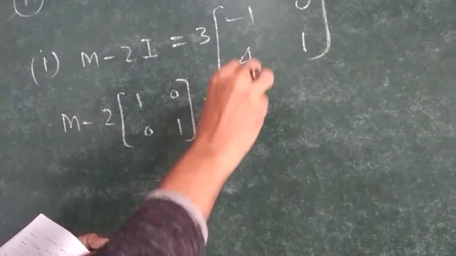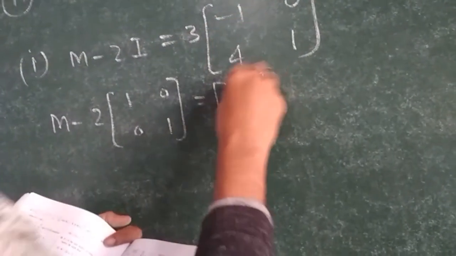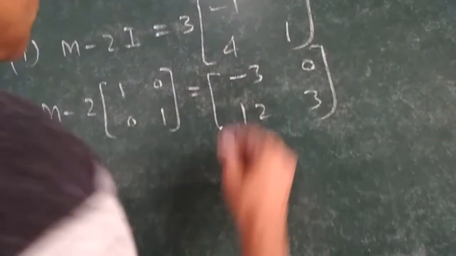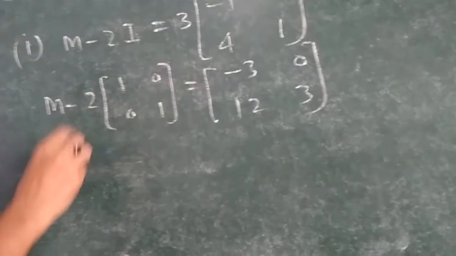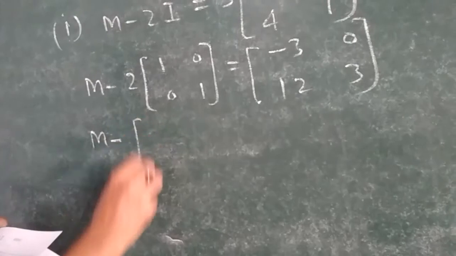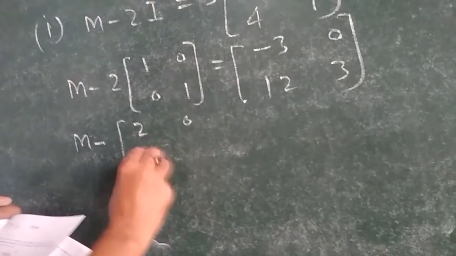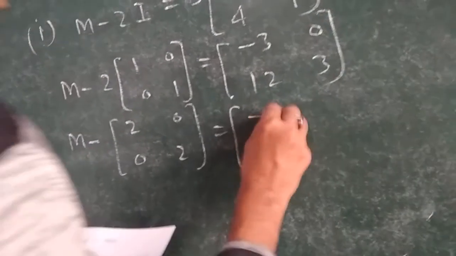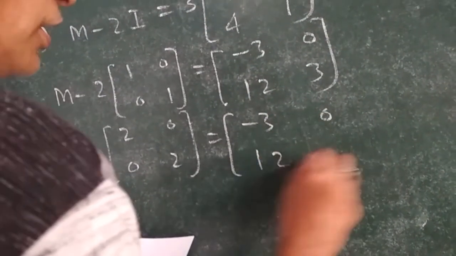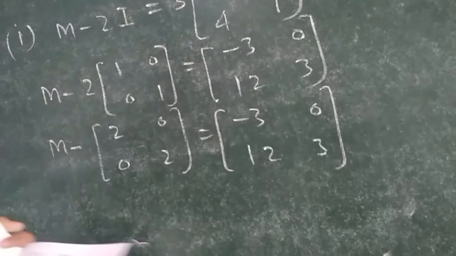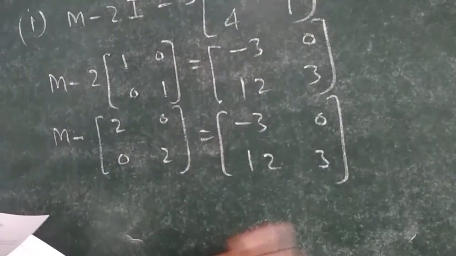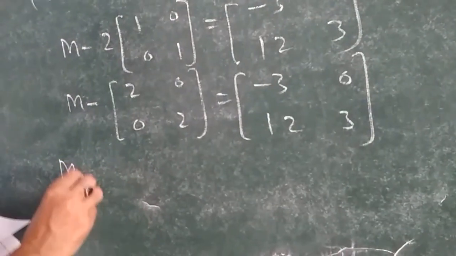Now multiply this 3 inside like this. Now multiply this 2 inside, 2, 0, 0, 2. Now minus 3, 0, 12, 3. Now this matrix, because this is a negative sign, you will bring it to this side, then it will have the sign change.